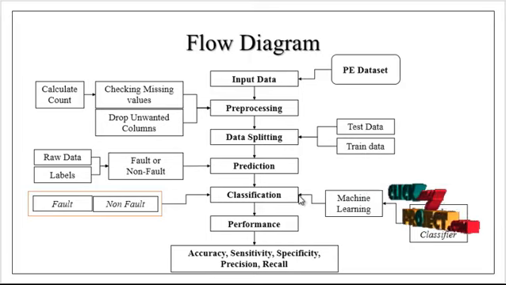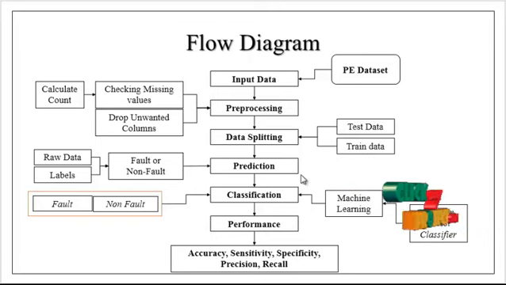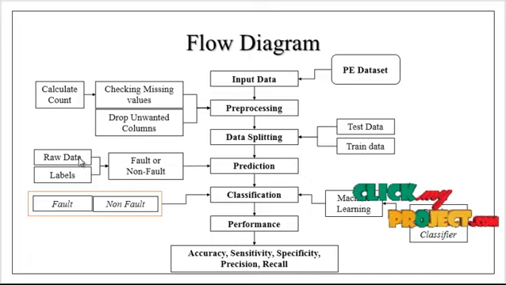We have applied machine learning techniques to predict whether the fault has occurred or not. If the fault has occurred, the result will be generated as a fault. If the fault has not occurred, the result will be generated as a non-fault. So we have to give two things as input: one is the raw data, and the other one is the label.